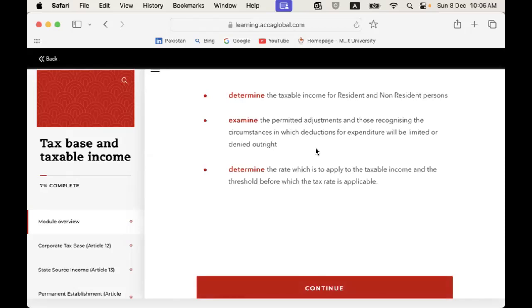Naturally, when we are calculating the corporate tax, you are allowed certain deductible expenditures. So we will look at the deductions as well as which deductions specifically are disallowed. That is a very interesting way to say that all deductions are allowed except for certain specified disallowed deductions.